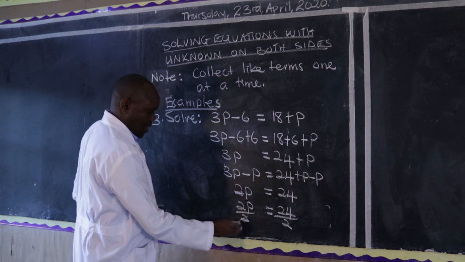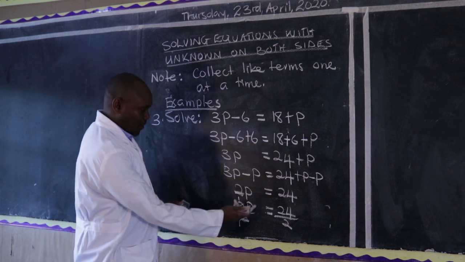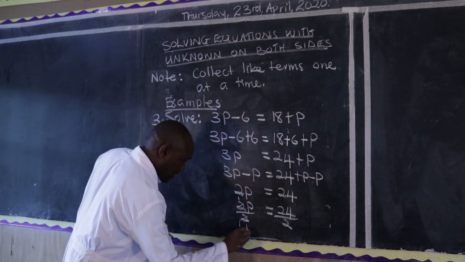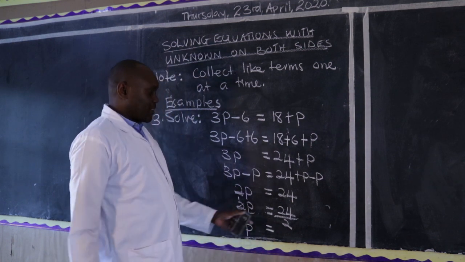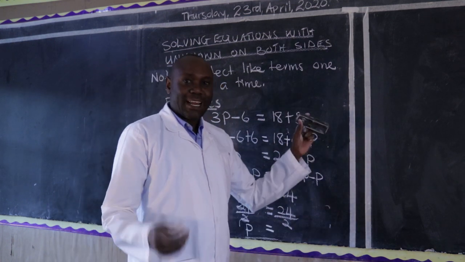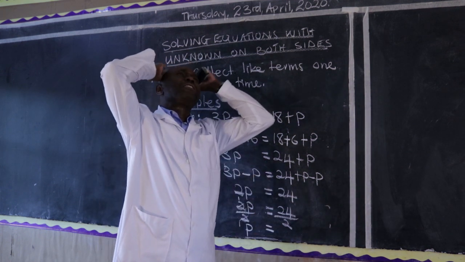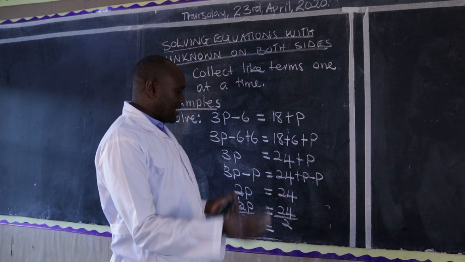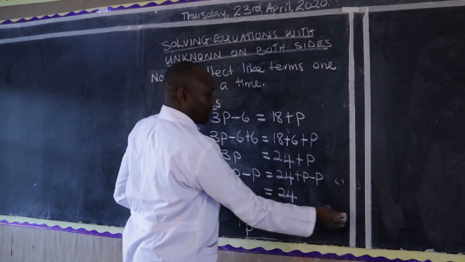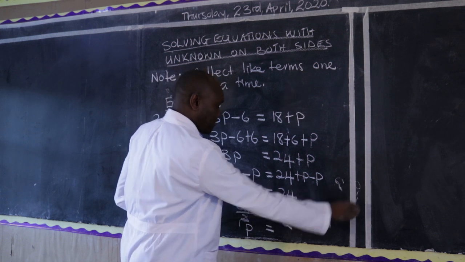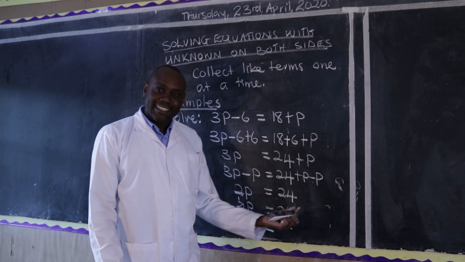By 2 once, by 2 here once. So on this side, we are remaining with only p, which will be equal to, I know some children, some candidates, some learners, when they get a number like this, they say, 24 divided by 2. It's a very big number. Then you begin drawing your balls. That 2, 1, 2, 3, 4. No. What do you do? Just go digit by digit.